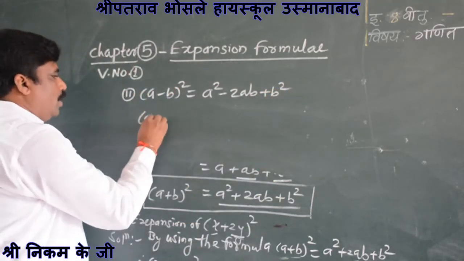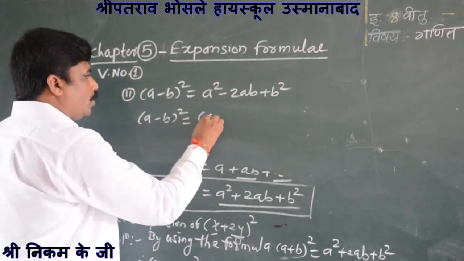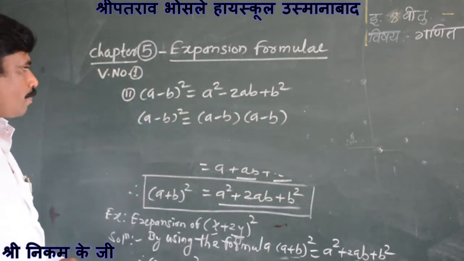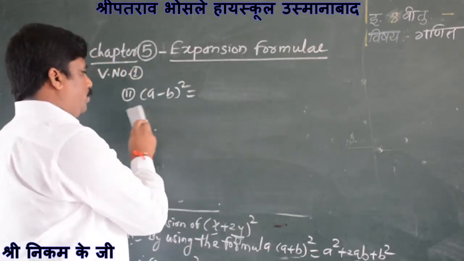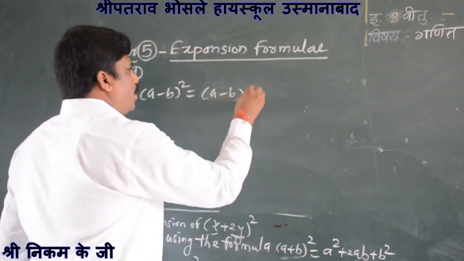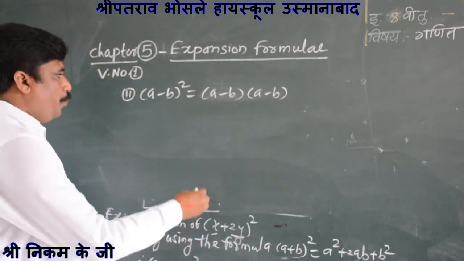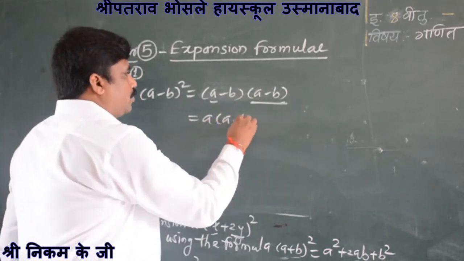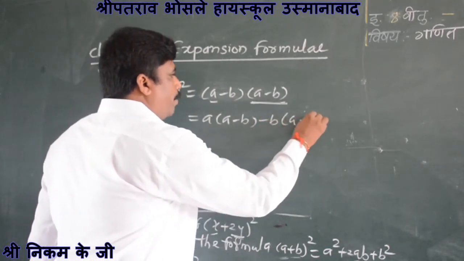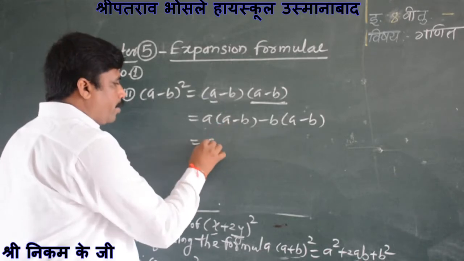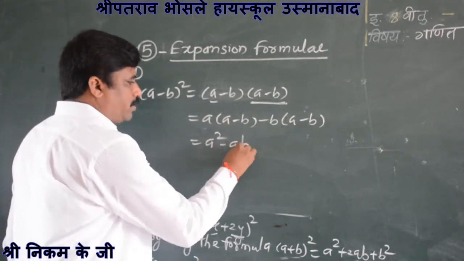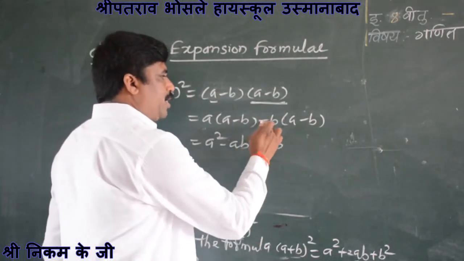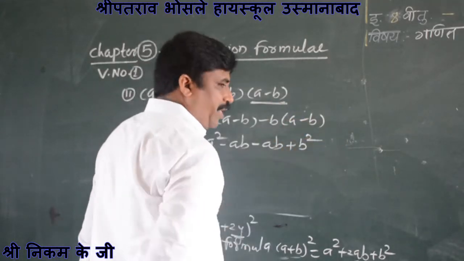Here (a minus b) square is equal to (a minus b) into (a minus b), which is equal to a into the second bracket: a into a is a square, a into minus b is minus ab, minus b into a is minus ab, and minus b into minus b is plus b square.